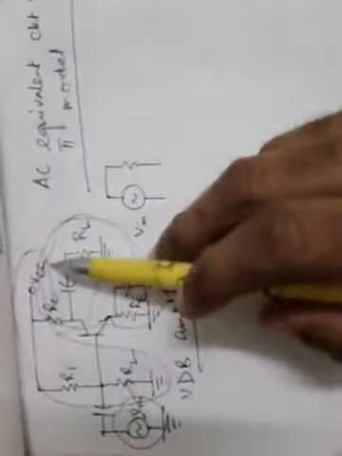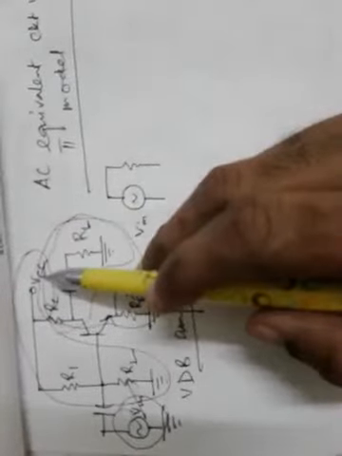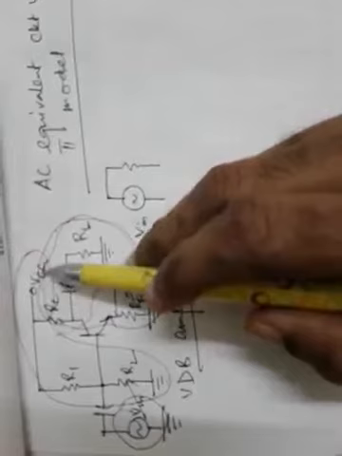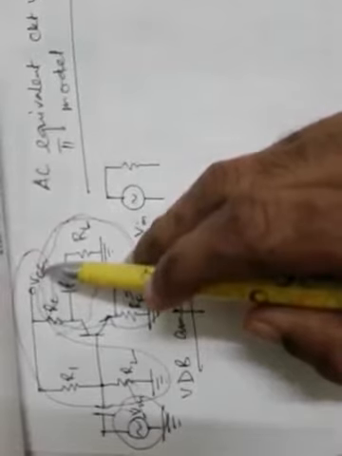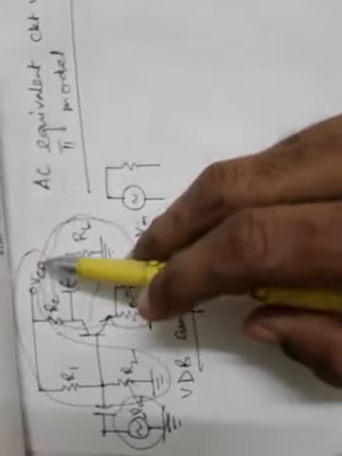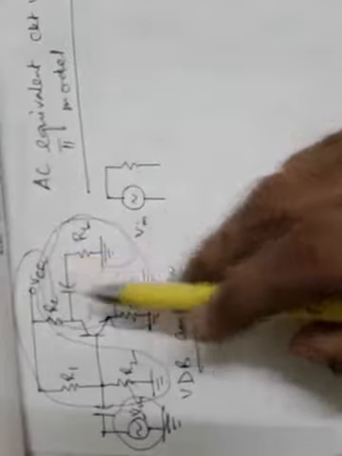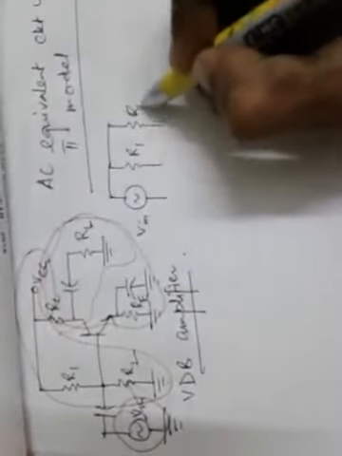But you know, for drawing the AC equivalent circuit, VCC is a constant DC source, so this should be treated as a short. So this will not be included in the drawing of the AC equivalent circuit. So here there will be two parallel resistances only, parallel to this V in, R1 and R2.